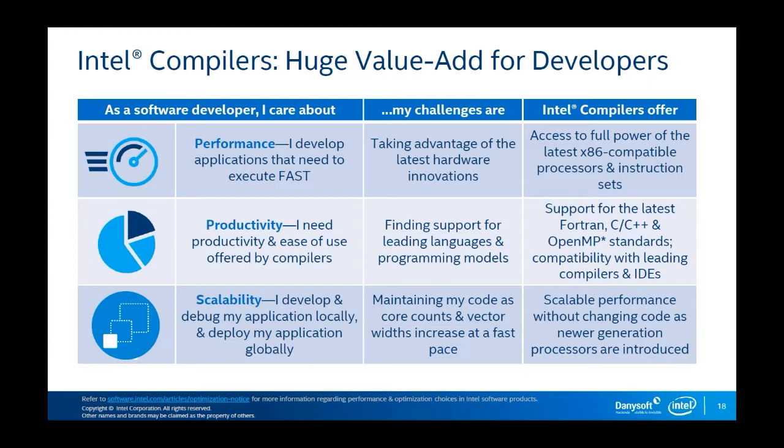The productivity comes from the support of the latest version of the standard, C++, as I mentioned before, the full support of C++15, and also in Fortran with OpenMP. The scalability and portability of codes allows the expectation of increasing the performance in an architecture with higher numbers of cores.